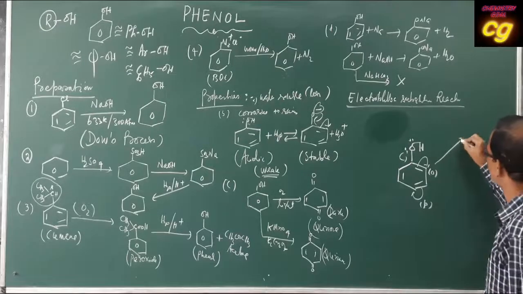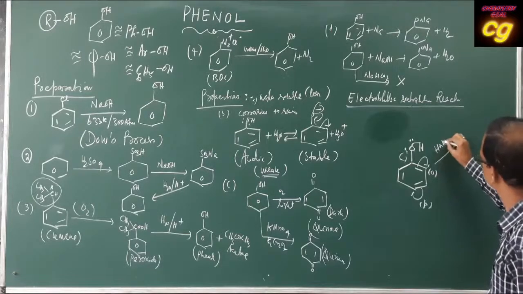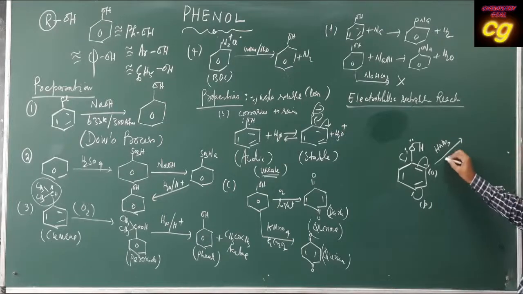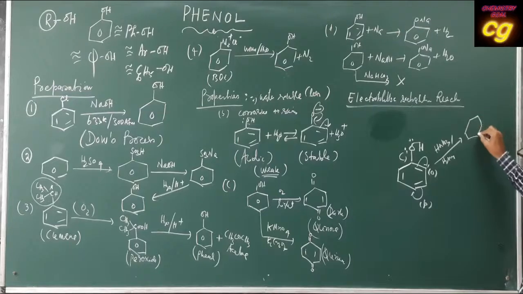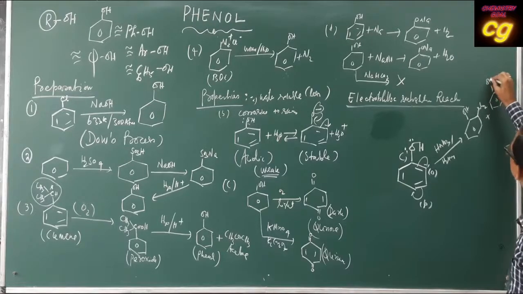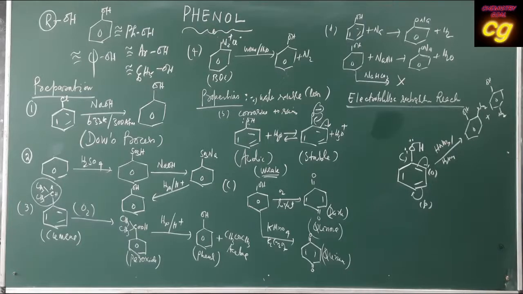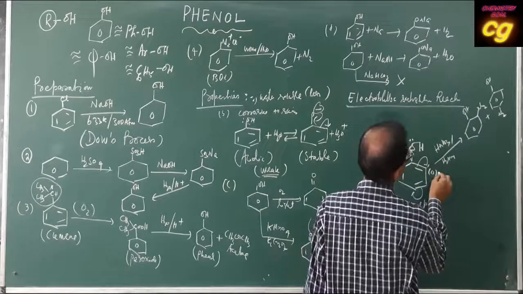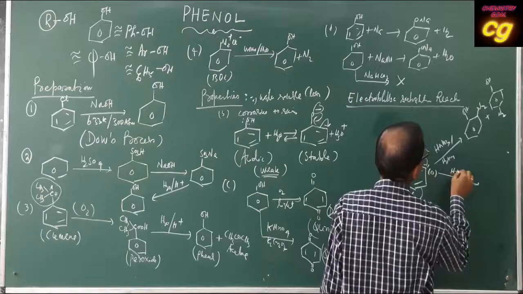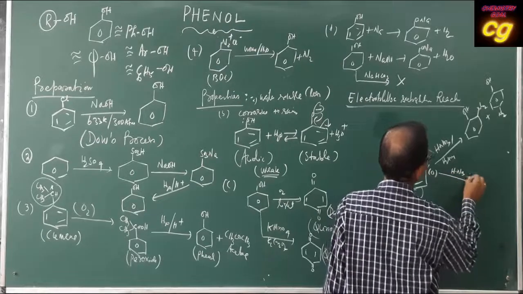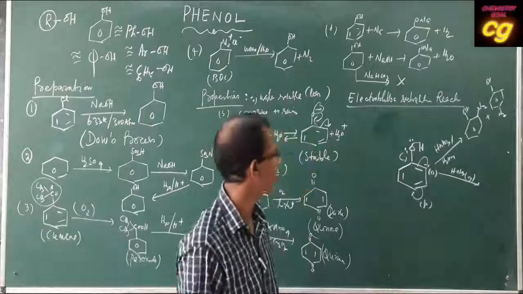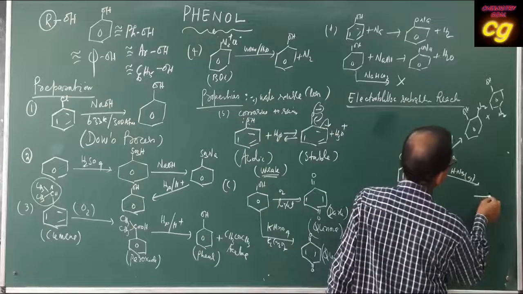For example, if you do nitration with nitric acid and sulfuric acid, then the product is what? Ortho and para nitrophenol. But if you use fuming concentrated nitric acid, you will get what?